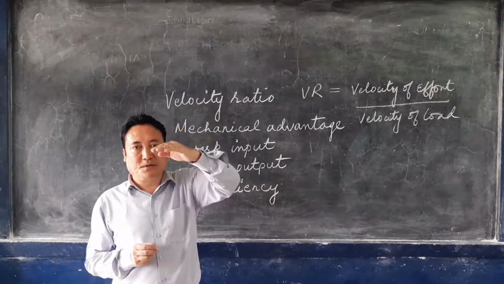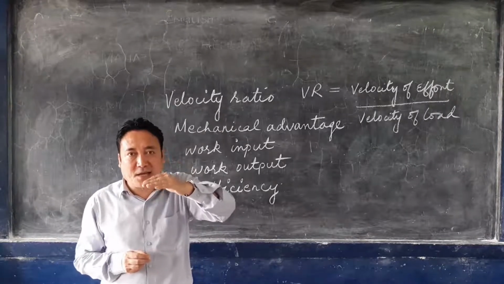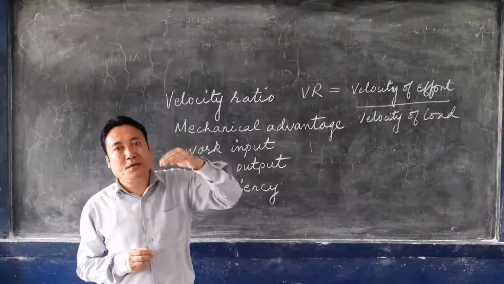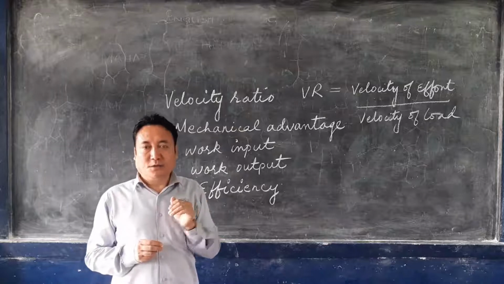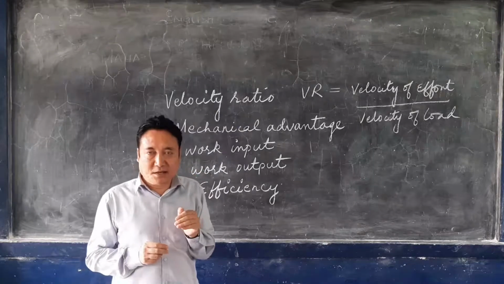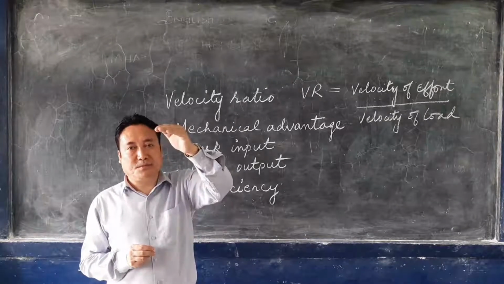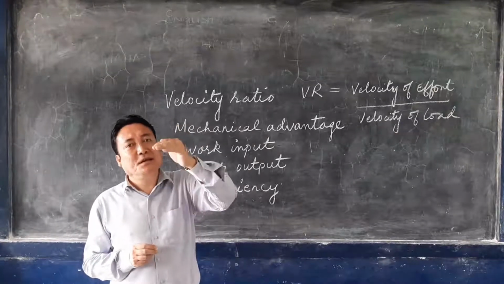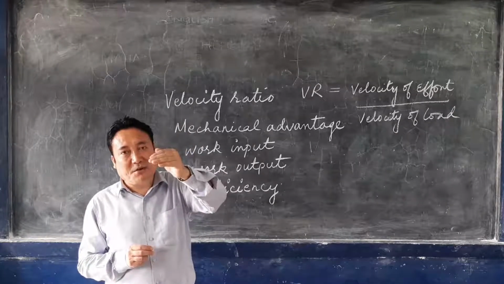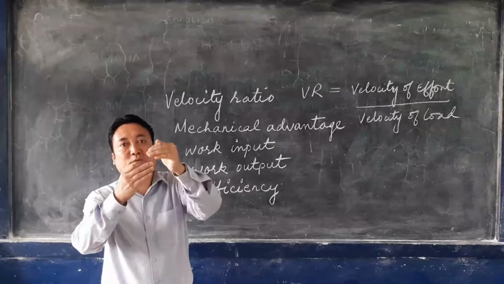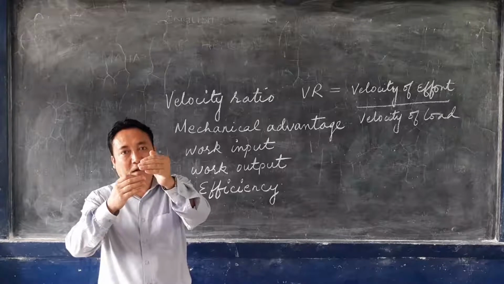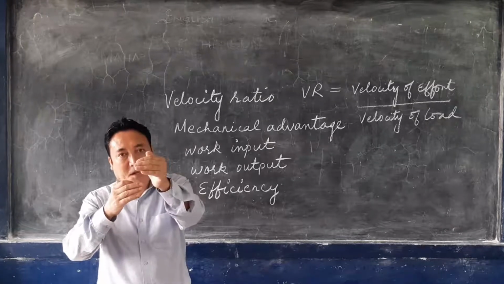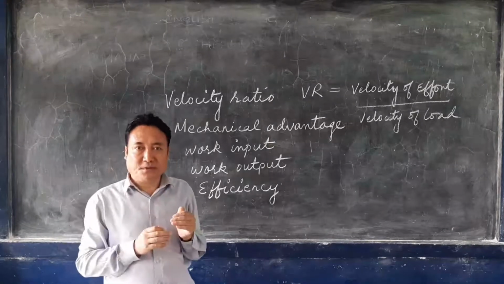In order to make the car jack move up, you apply force on it. When you apply the force, the jack will rise up, and then that jack will touch the car or the vehicle. And now that jack will lift the vehicle.